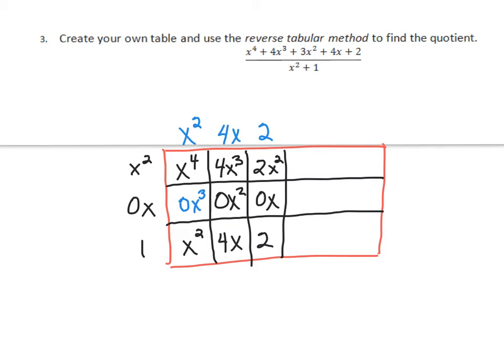So this division is going to give me the answer x squared plus 4x plus 2. And again, you can check this whole table and say, do I have every single term accounted for up here? And the answer is yes.